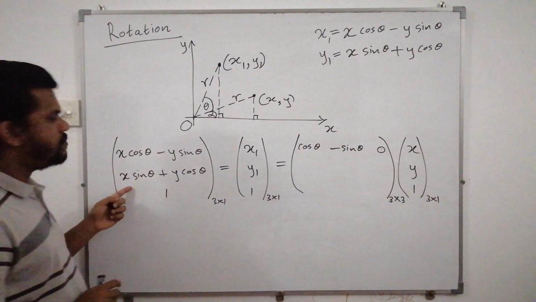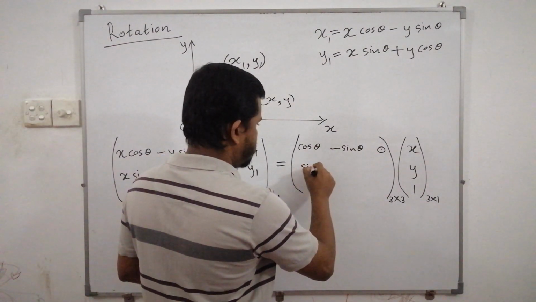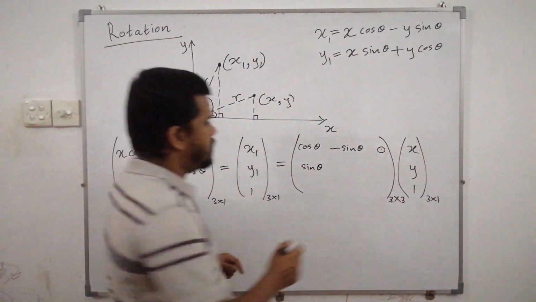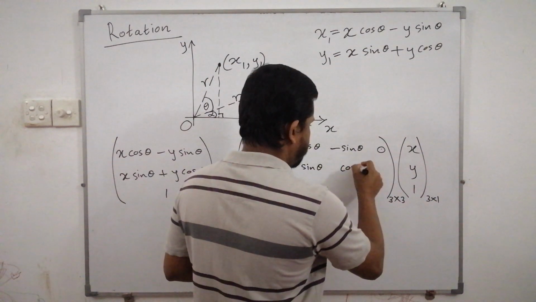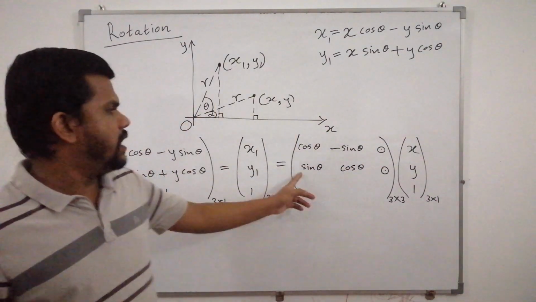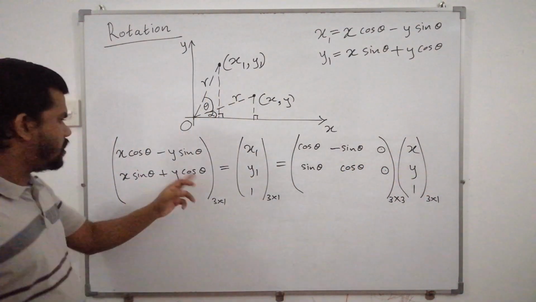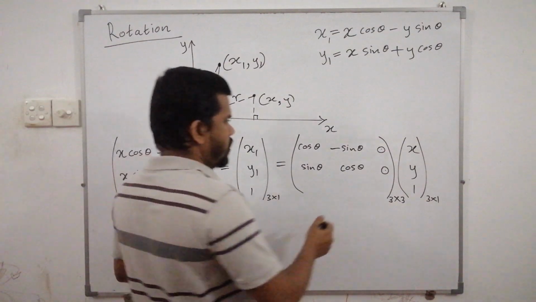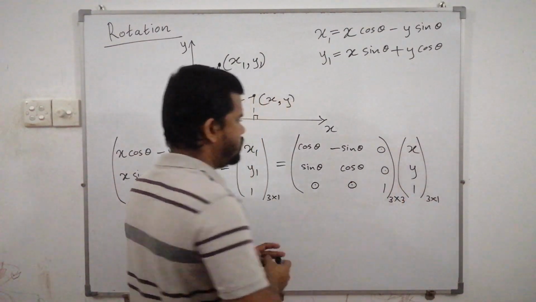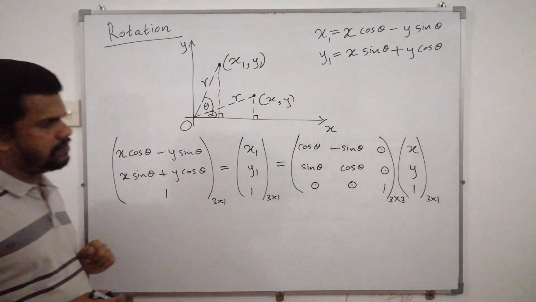The second term, x sin theta plus y cos theta, so we put sin theta, cos theta, 0. Then 0, 0, 1.